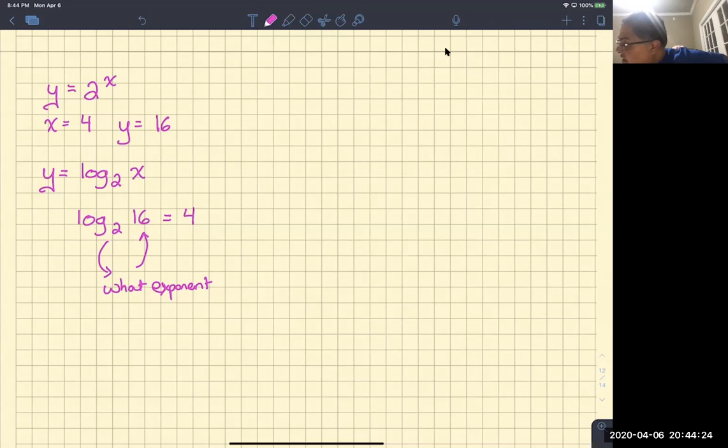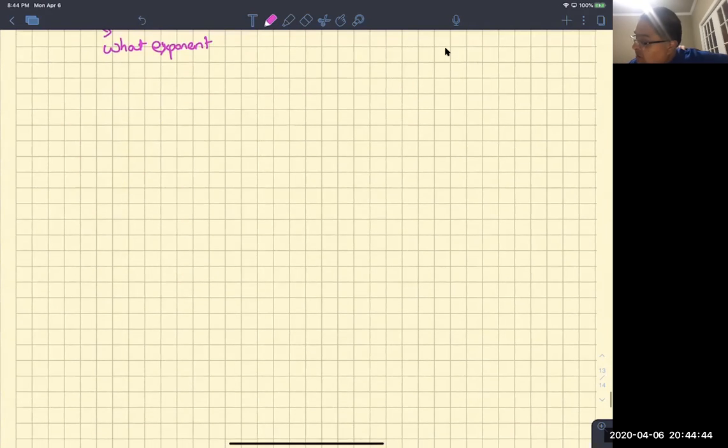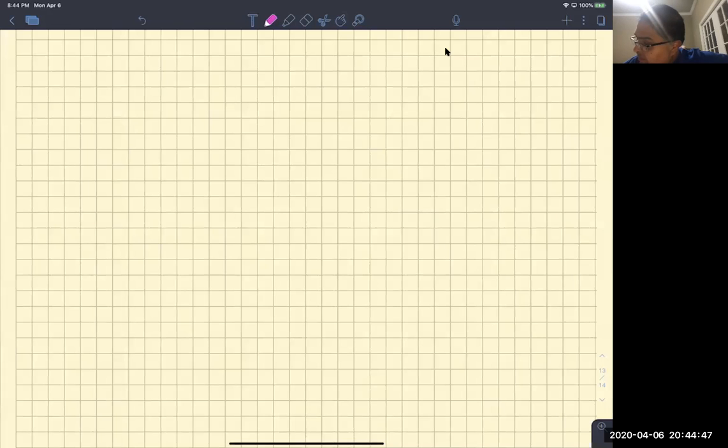Now, the general form of a logarithmic equation is log a of x, where a is known as the base of the logarithm. So this is basically how the relationship works. If a to the x equals a number b, remember a and b are numbers, x is just a variable, then log base a of b gives me x.